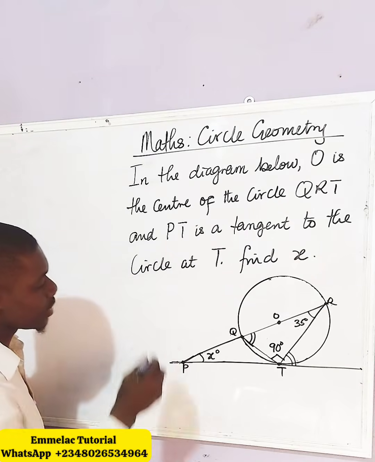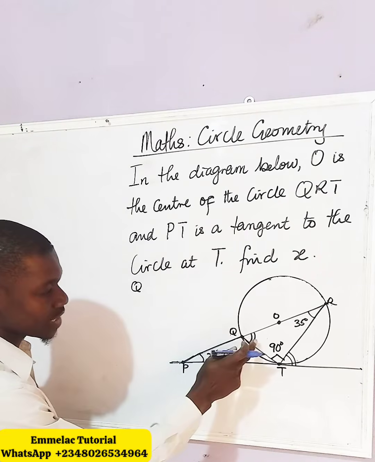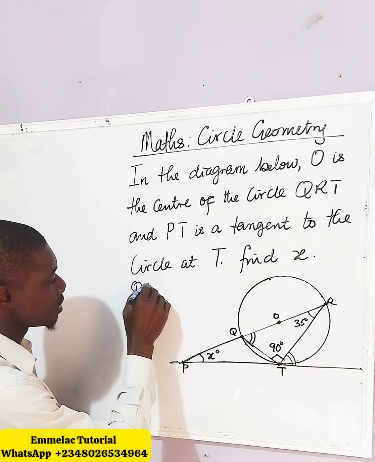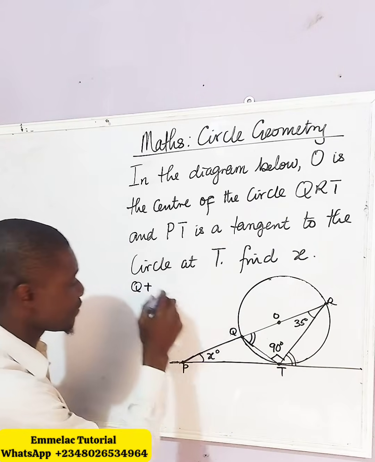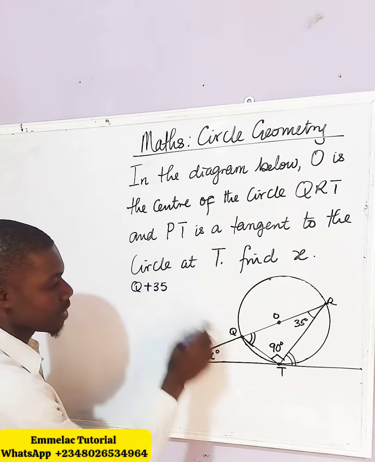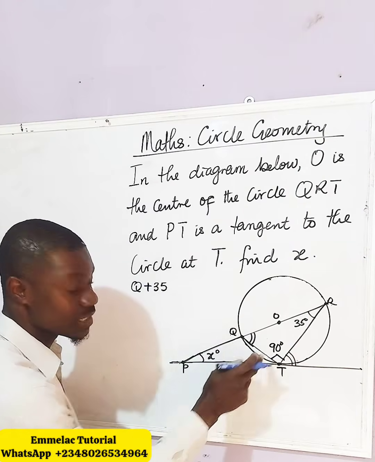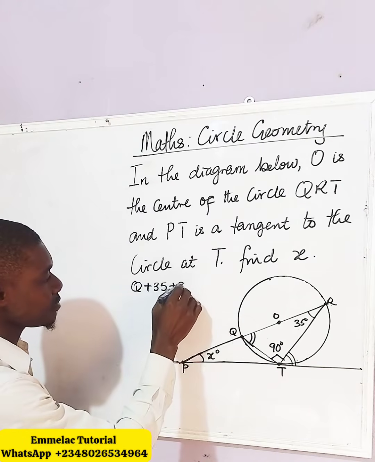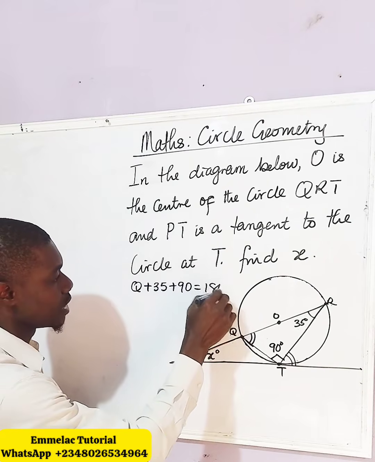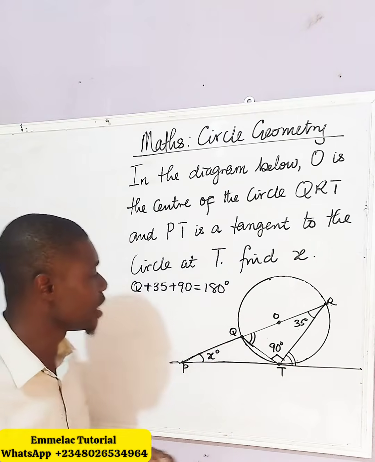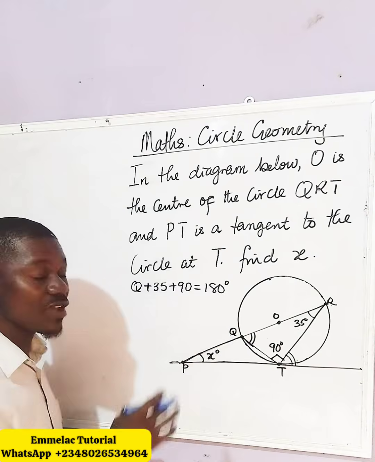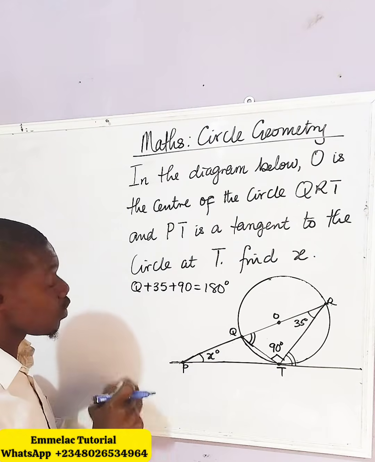So we can say Q, which is this angle here, plus this angle here, which is 35, plus this angle here, which is 90, must give us 180 degrees. When we sum up 35 and 90, this gives us 125.